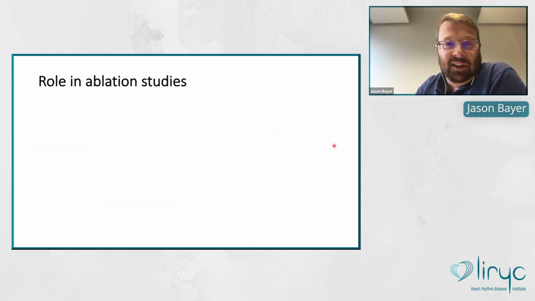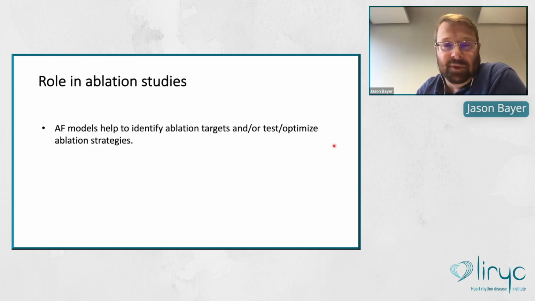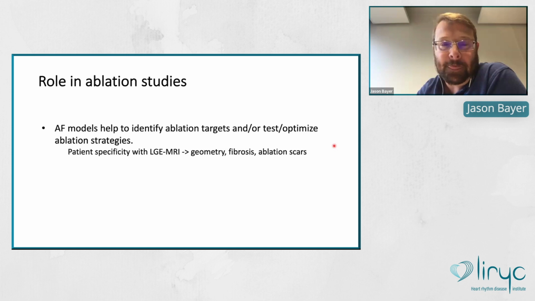So why do this? This paper is really geared towards ablation. They want to use these models to help identify ablation targets, which can then help you test and optimize different ablation strategies. And as I just mentioned, the specificity so far really comes from the MRI. If you do late gadolinium enhancement, you can get information on the fibrosis and the ablation scars.